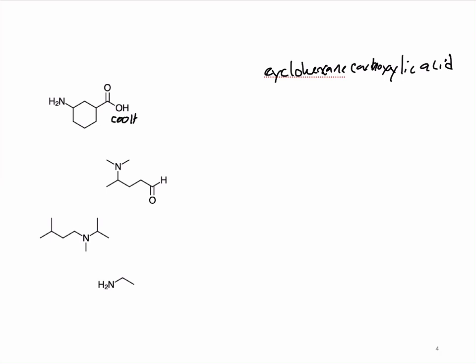Sorry, the third carbon. 1, 2, 3. And so that'll be 3-amino cyclohexane carboxylic acid. And this would be classified as a primary amine if we were just classifying this amino group here, because it only has one R group that's attached to it.